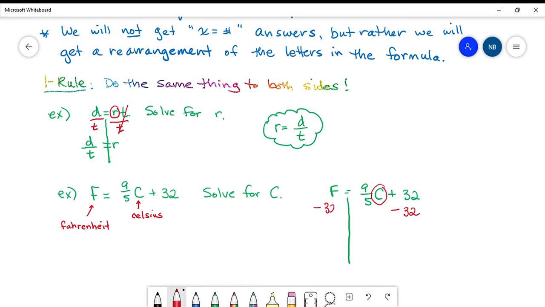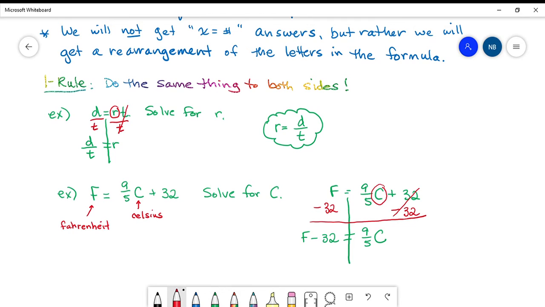Since 32 minus 32 is 0, that's what I do to both sides. Now, because F is not a number, I can't actually do any subtraction on the left. All I can do is write F minus 32 equals 9/5 C, and then 32 minus 32 is 0.